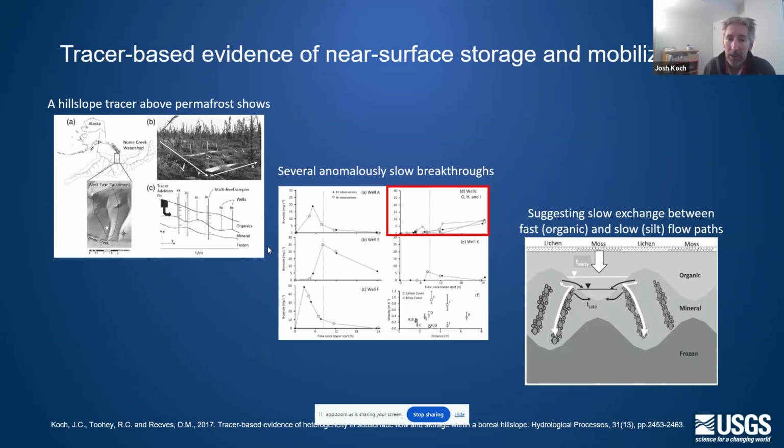And then this red square indicates a few anomalous wells where this signature and this exchange of solute is much, much slower than what we would expect or what we'd see in the other places. The way we explain this is to have these areas that are not exchanging quickly, so they're less permeable, less conductive than the surrounding organic material, that's able to store our solutes over some time span, but then can still release it as we have these changes in hydraulic head related to a perturbation.